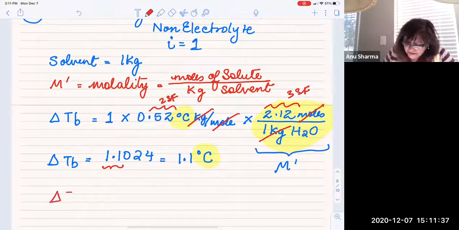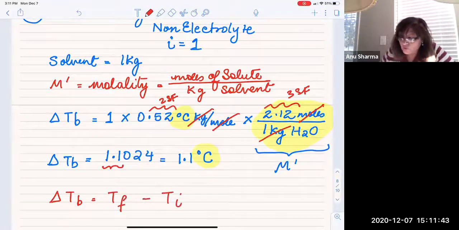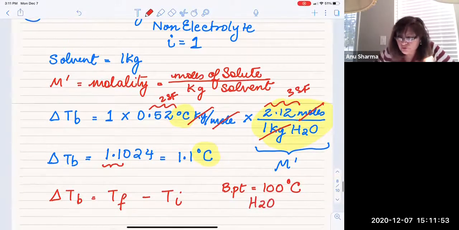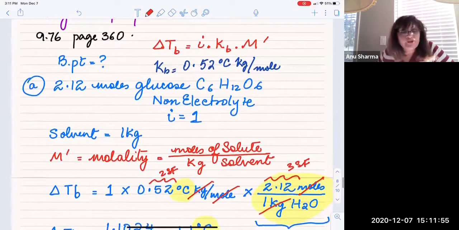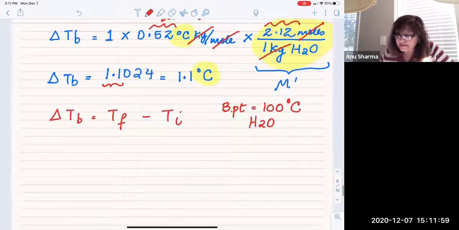That is the change in boiling point, but the question is asking for the final. So delta TB is equal to T final minus T initial. Always remember that the boiling point of pure water is 100 degrees Celsius. When you add 2.12 moles of glucose, which you can convert to grams, the boiling point changes by 1.1 degrees Celsius.